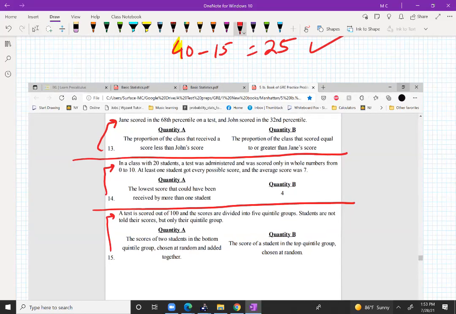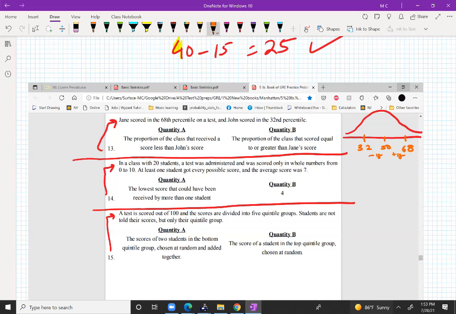Draw the picture very clearly. See, she is in the 68th percentile. So the 68th percentile is going to be somewhere on the right side, right? And the 32nd percentile is going to be somewhere on the left. And notice that from 50, they're plus minus 18. So they're symmetric, actually, equal distance from the middle.